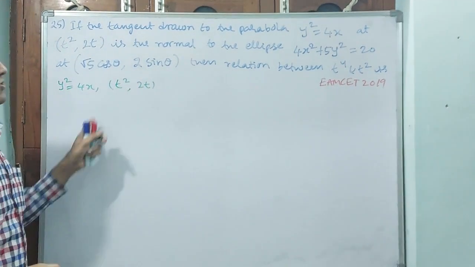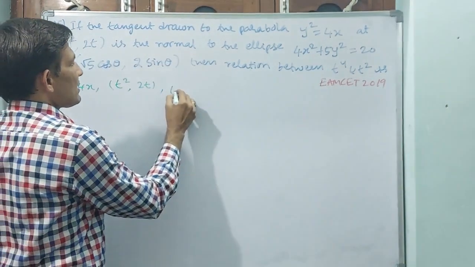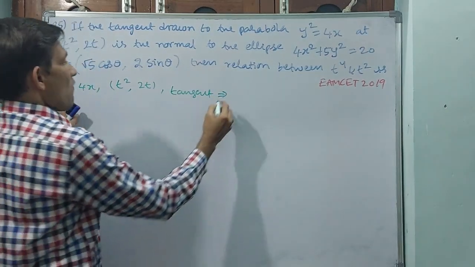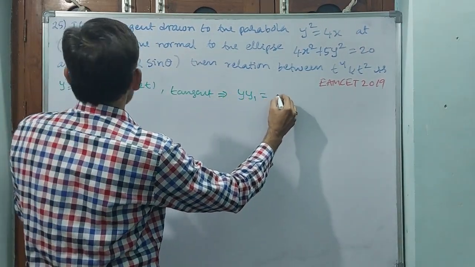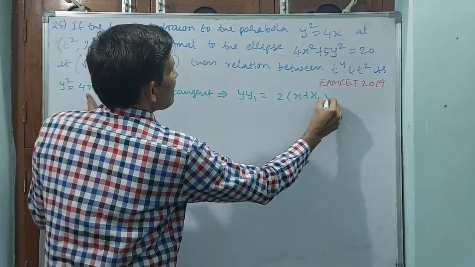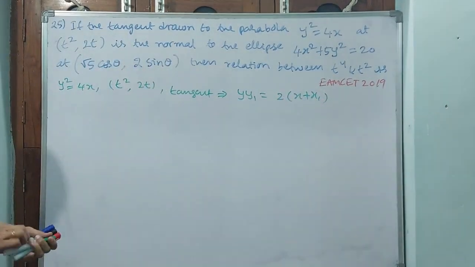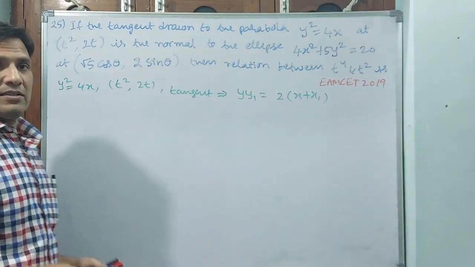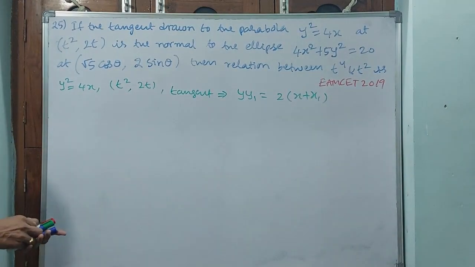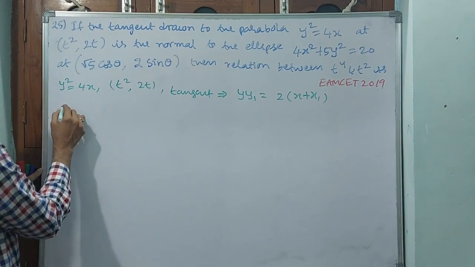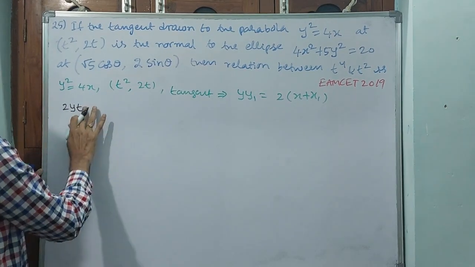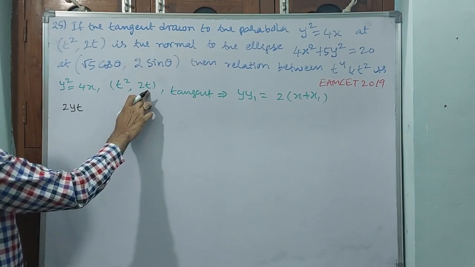Okay. Now you see tangent equation. What is this tangent equation? I am writing. Tangent implies y y1 is equal to 2 into x plus x1. Okay, this is tangent. Why? Because from curve to line it has to come. If you make it such way, then you are going to get the line. Now y into y1 is 2t, that means 2yt.